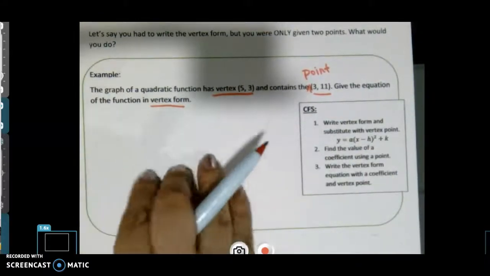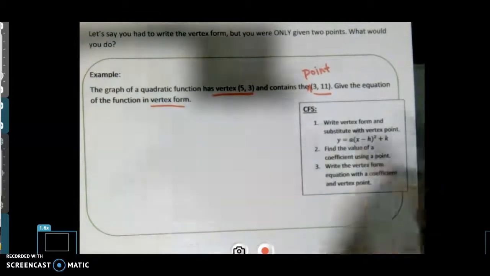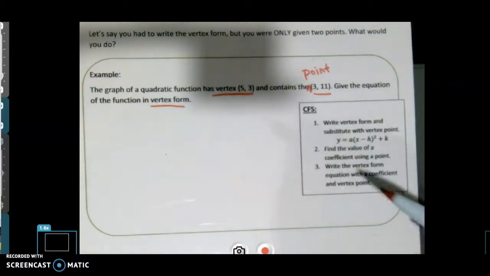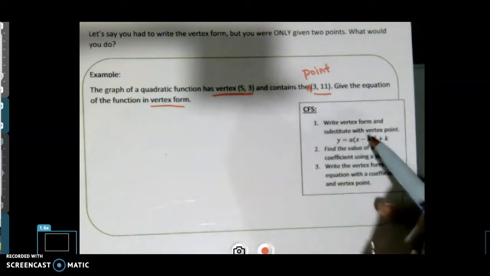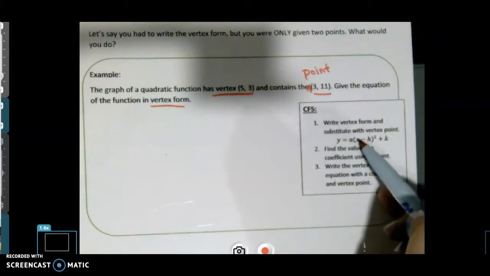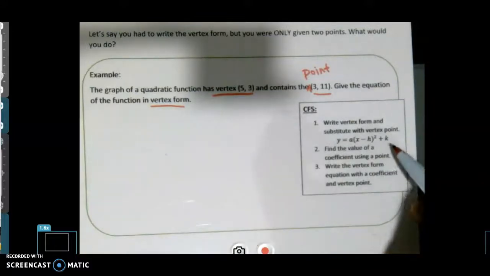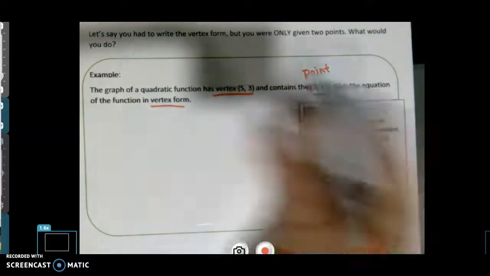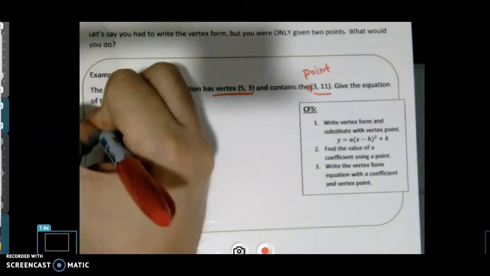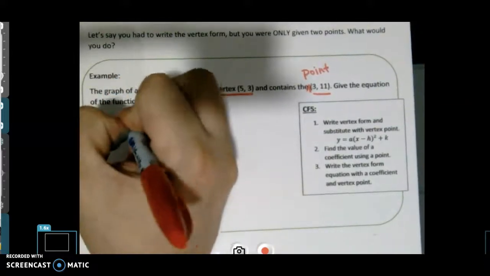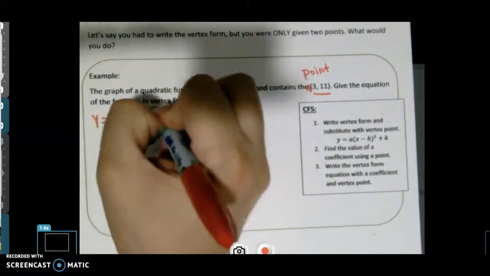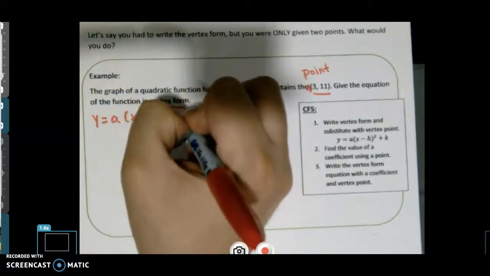So we're going to go step by step of what we need to do. We have my little CFS that tells us what to do. So the first step is you're going to write vertex form and substitute with the vertex point. So we have my vertex point and we have the vertex form. So let's go ahead. Step 1 here. y equals a(x minus h)^2 plus k.